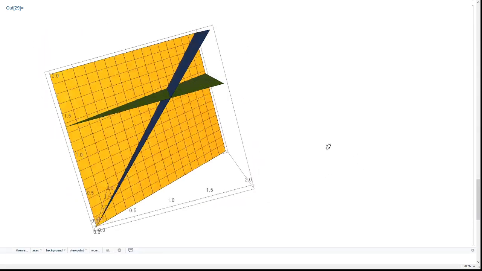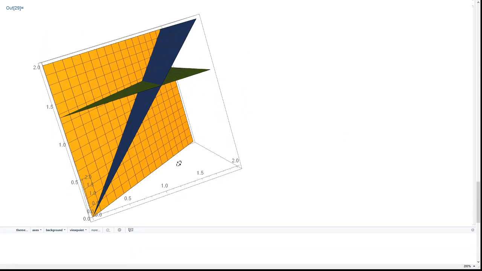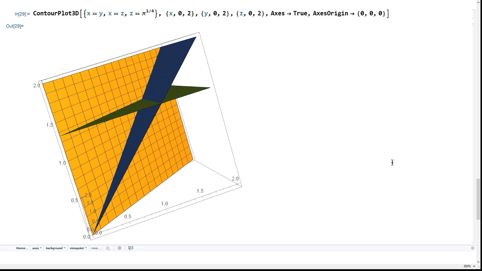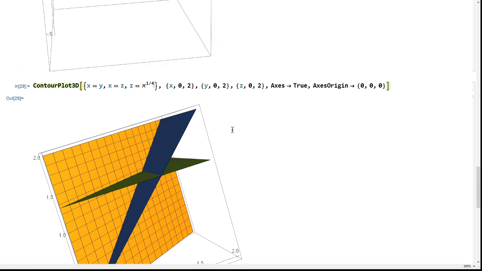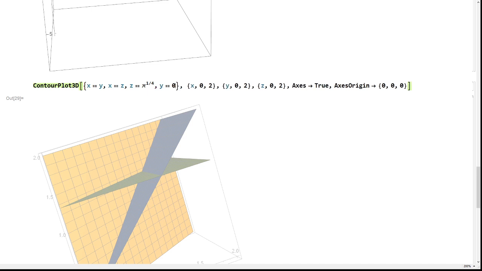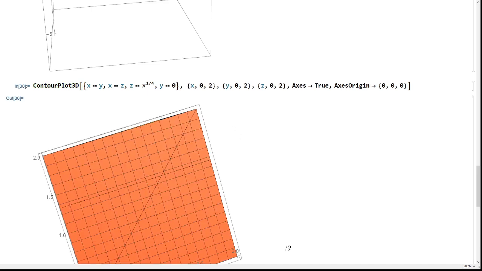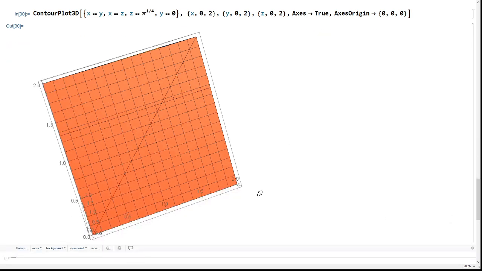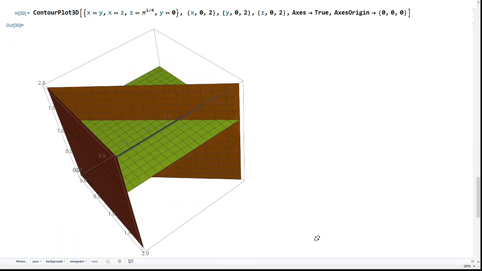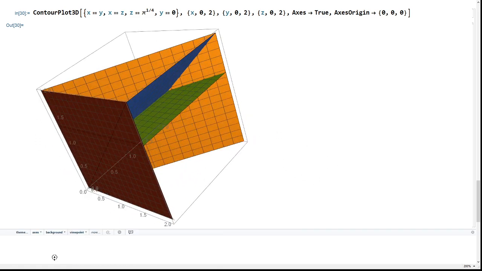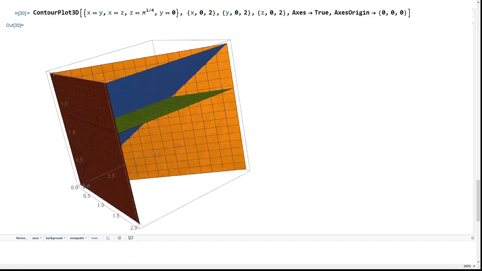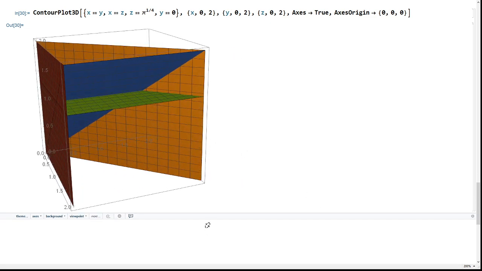So we're looking at this triangular wedge that would be blocked off in here if we were to add in, say, y equals 0. That blocks the view there, but you can see that little triangular block in there. So that's what we need to integrate.